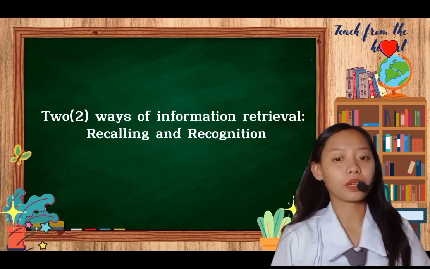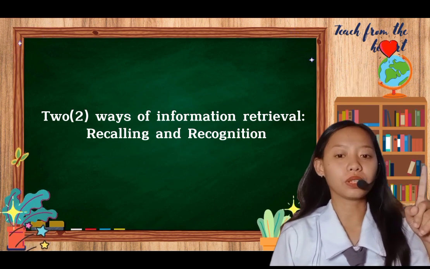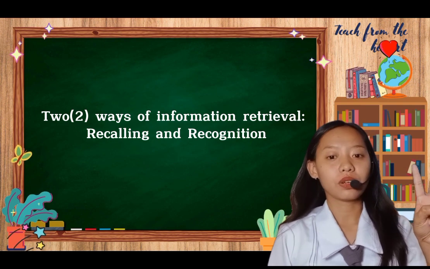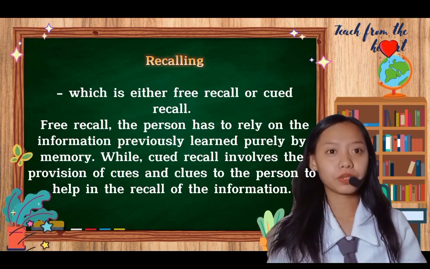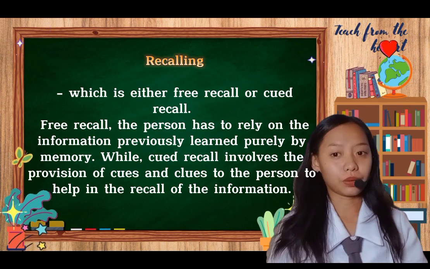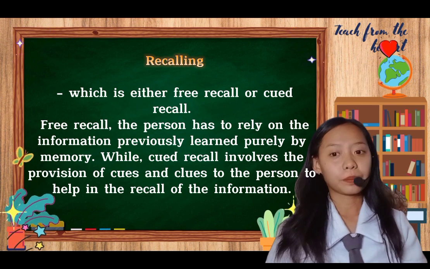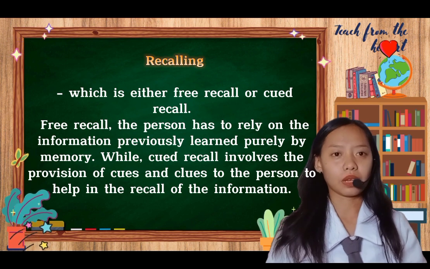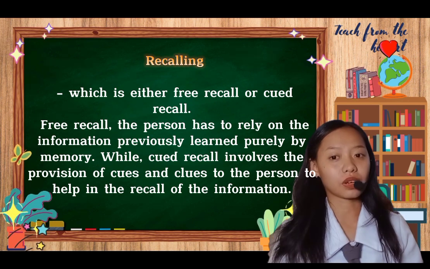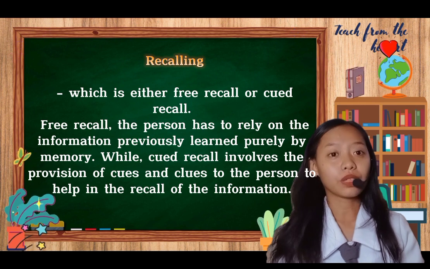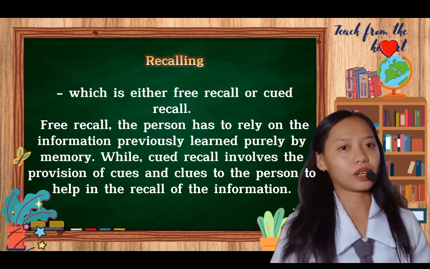So there are two ways of information retrieval. Number one is recall and number two is recognition. We will tackle recall first, which is either free recall or cued recall. In free recall, the person has to relay information previously learned purely by memory, relying on his or her stock knowledge or prior knowledge.